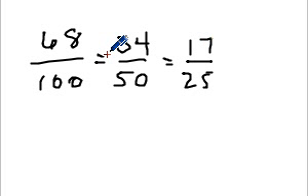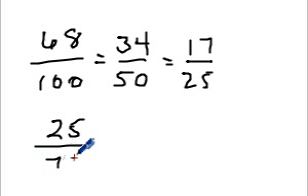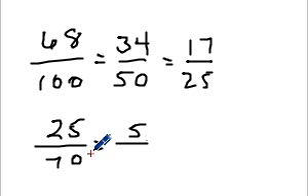So sometimes you can do it in multiple steps without finding the factors if you've got even numbers, or if you've got numbers that end in, for example, 5 and 0. I know that 5 will go into both of those. 5 will go into this 5 times, and 5 will go into 70 14 times. Now I can see that this is simplest form.